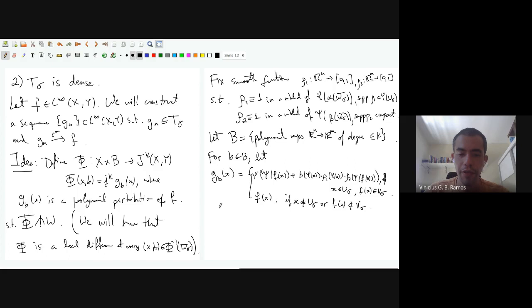And if you write G, this function, defined by G_b of x, it's not very hard. Maybe I should say this is an exercise to show that G is smooth.